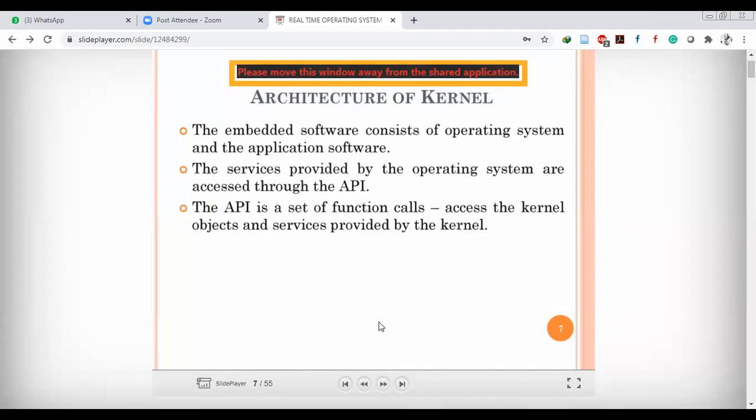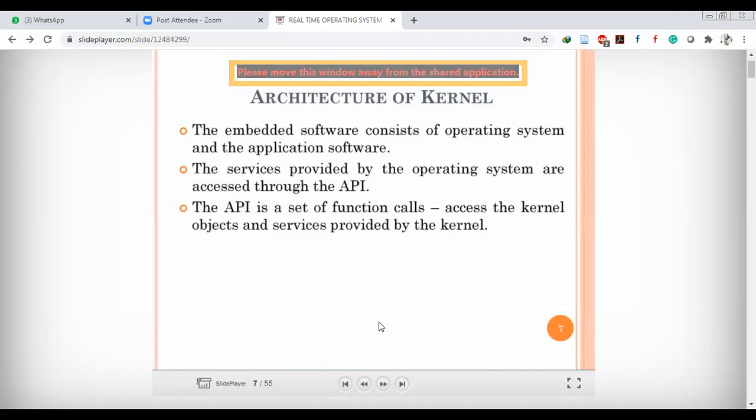The embedded software consists of an operating system and the application software. Any embedded software consists of OS and application software, but the OS is not mandatory for very small scale applications.